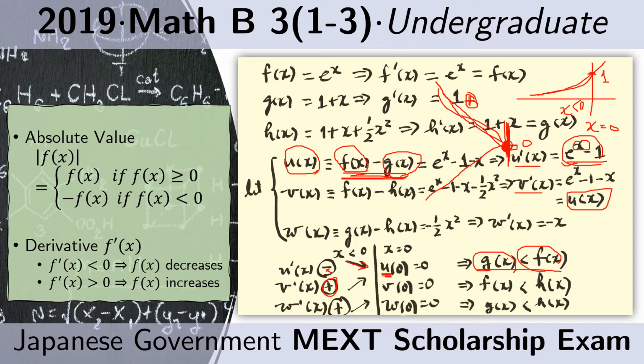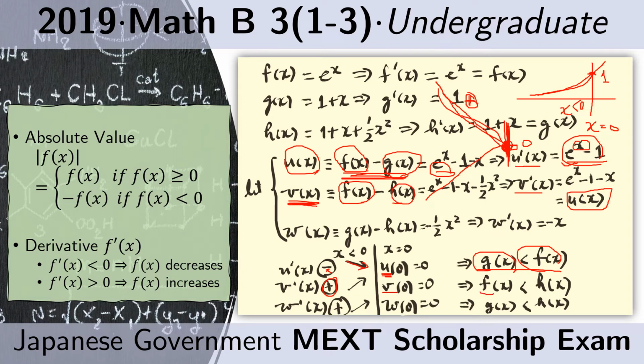And the only way you can increase to 0 is actually if you start out negative. And so we can say that v of x must have been negative to the left of 0. And so this expression must be negative, and therefore this expression must be less than this expression.